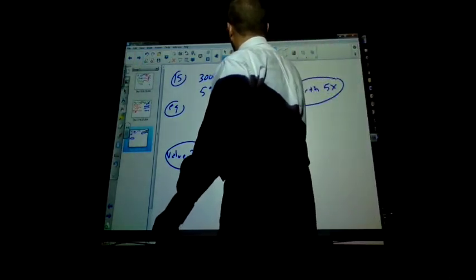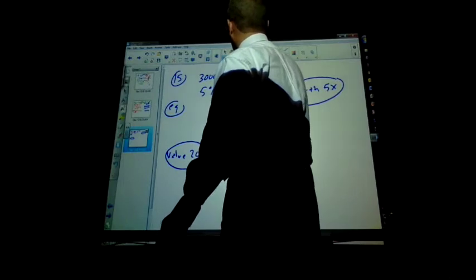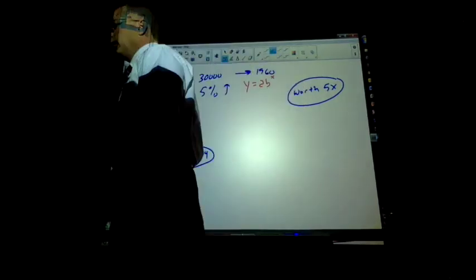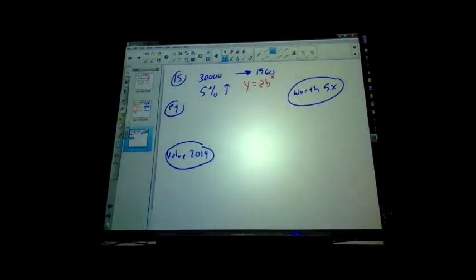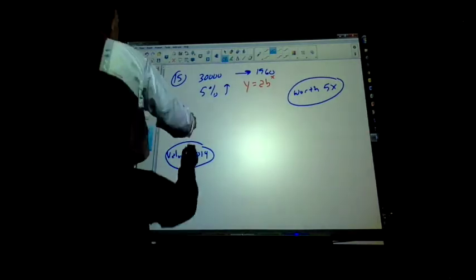Here we go. So using y equals a b raised to the x power. What is my a value? 30,000. So a is 30,000.